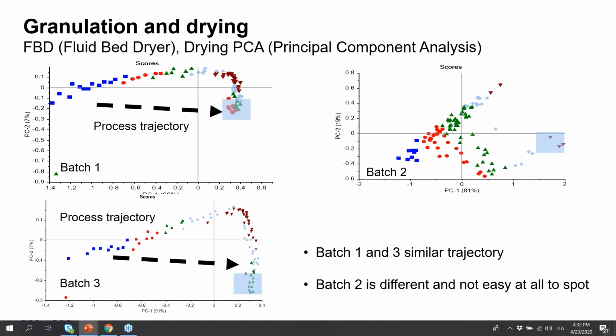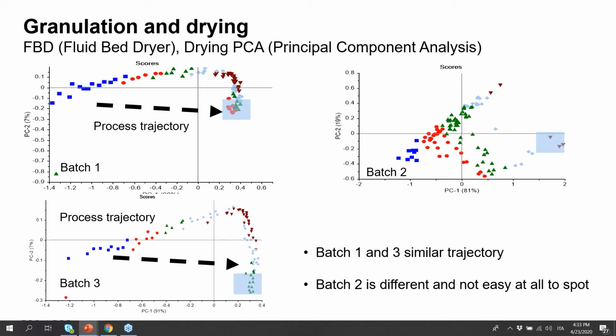And the funny thing is that, again, batch 1 and batch 3 have a similar trajectory. Batch 2 behaves in another way. So it's really something that is inside our sample. We don't know, looking at this graph, what it is, but I think we could state that there is something unexpected in batch number 2. So the NIR should raise a red flag saying, look at this, there is a problem, you need to investigate.